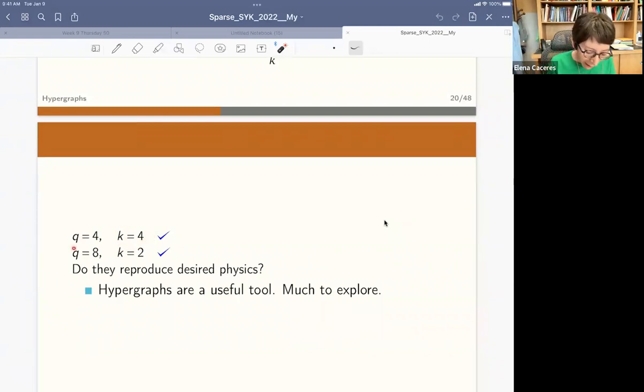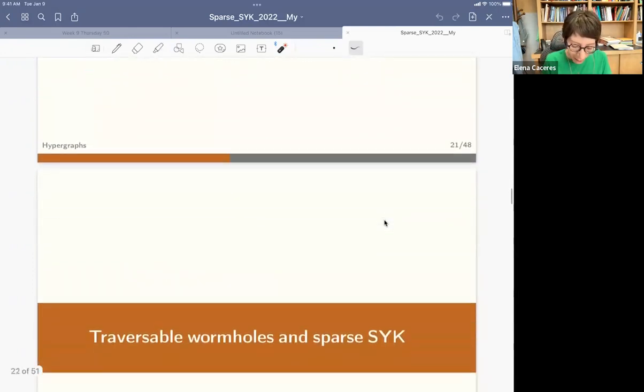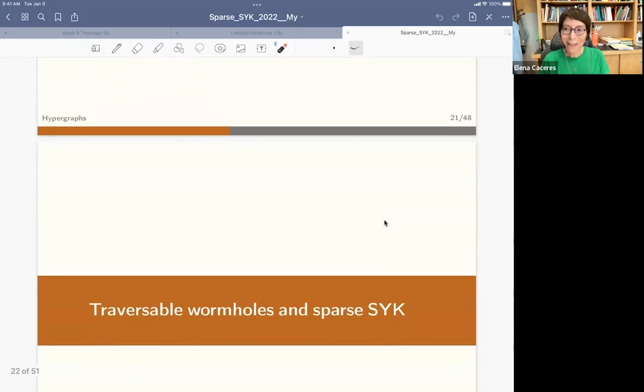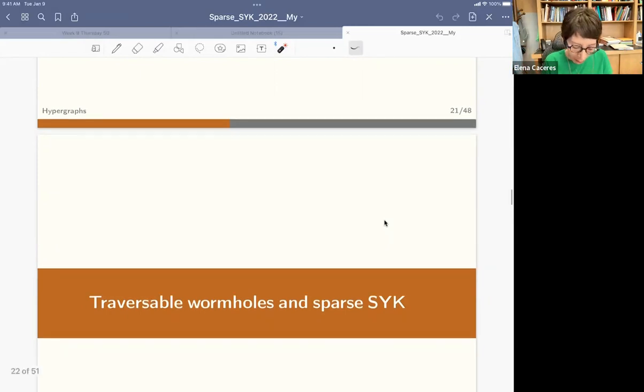And for Q equals 8, because that one is asymptoting faster to the SYK, maybe I can get away with K equals 2. That was our naive guess after we saw all these results. And then we have to actually do physics calculations and see if this is meaningful, or use this as guidance and see to what extent this is true.